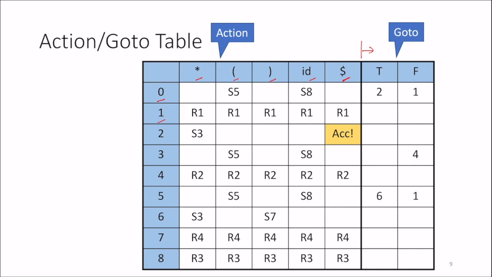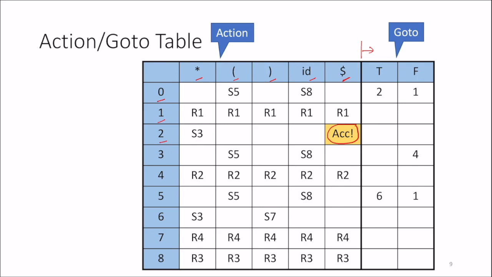So $ means there's no more input left. It means you've finished shifting the entirety of the input onto the stack, and if there's nothing left and we are at a certain state 2, you can see that there is the action which says accept. So if there's nothing left and you're on state 2 on the stack, then you can say, I've accepted the string. The string is generated by this grammar.